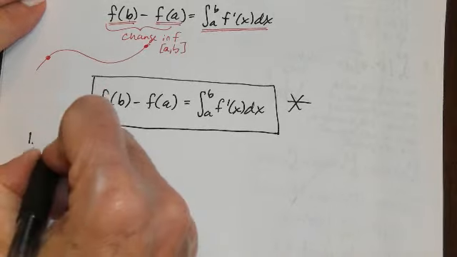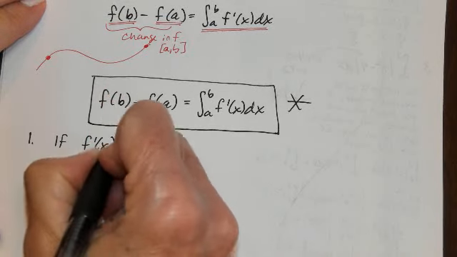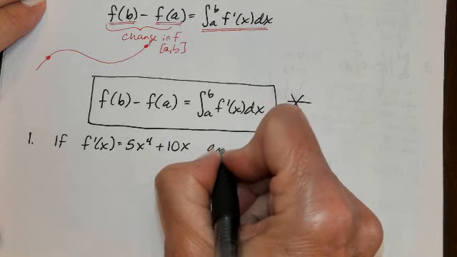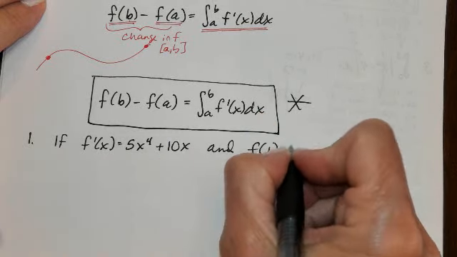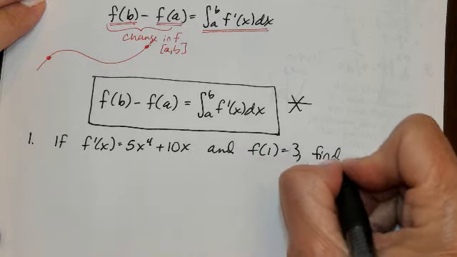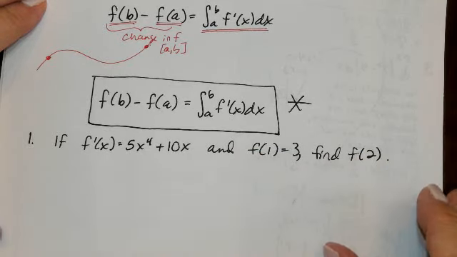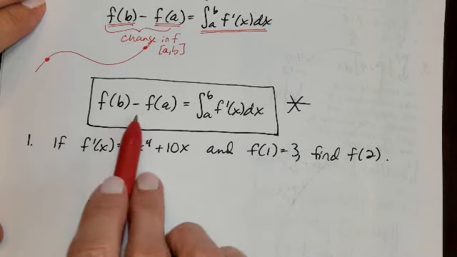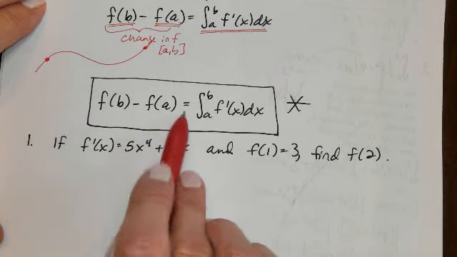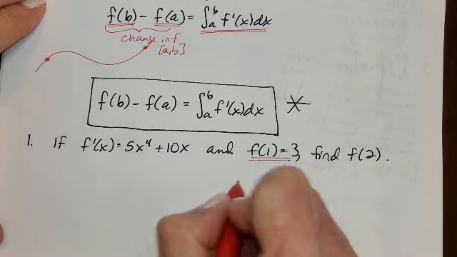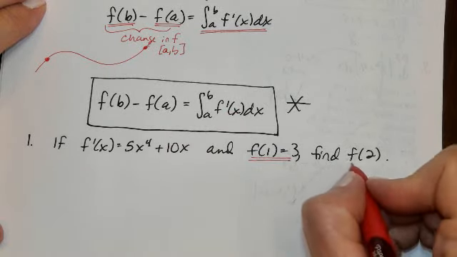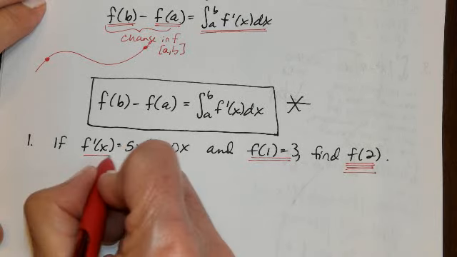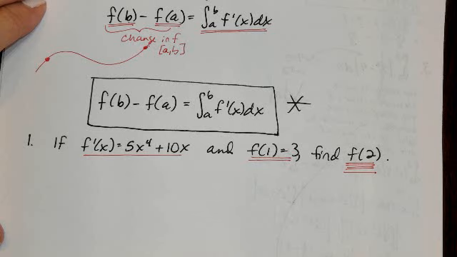Let's say that we have, if f prime of x is 5x to the 4th plus 10x, and f of 1 is 3, find f of 2. All right. So what this version of the fundamental theorem of calculus says is if we know a point, we can find any other point we want as long as we have the derivative of that function.